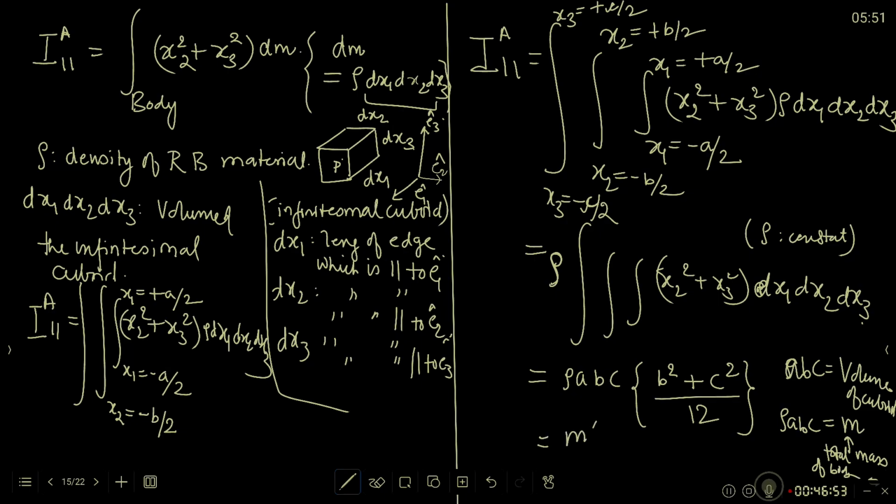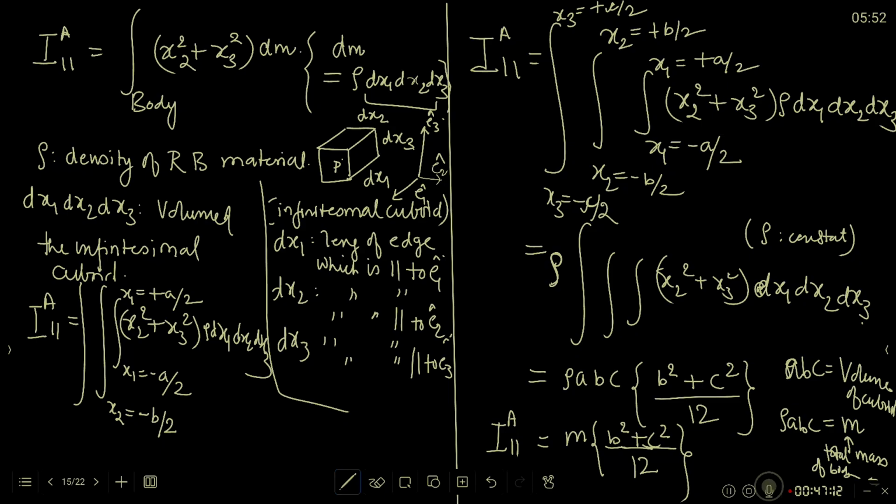This is IA11. So IA11 depends on mass, depends on b and c, but a does not appear explicitly.